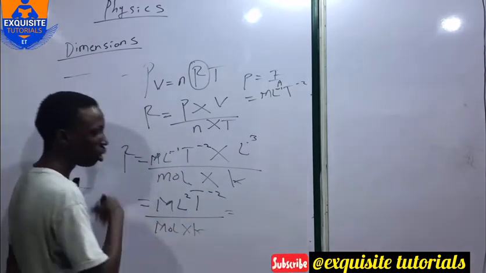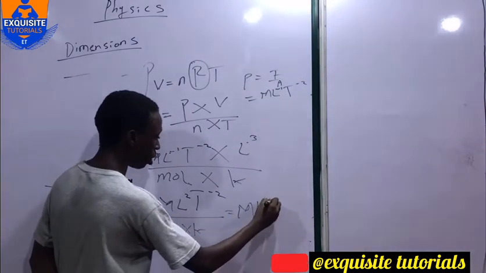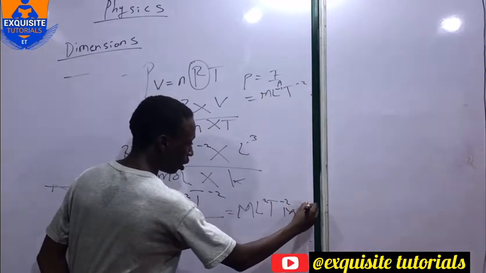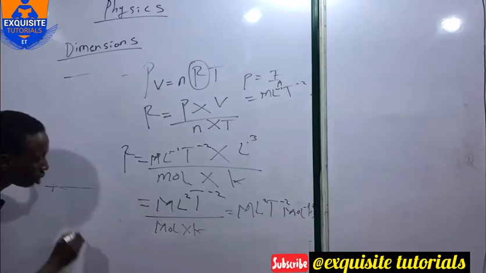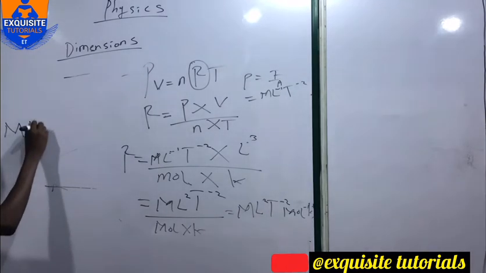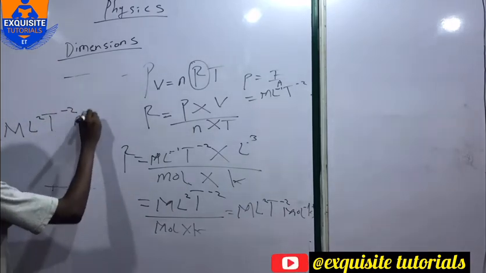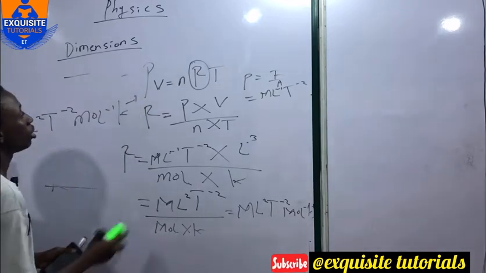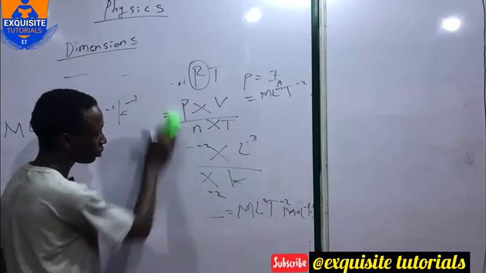So this will ultimately give us ML^2 T^-2 mol^-1 K^-1. Okay, for those that can't see it, let me write it well: ML^2 T^-2 mol^-1 K^-1. So that will be for the gas constant.